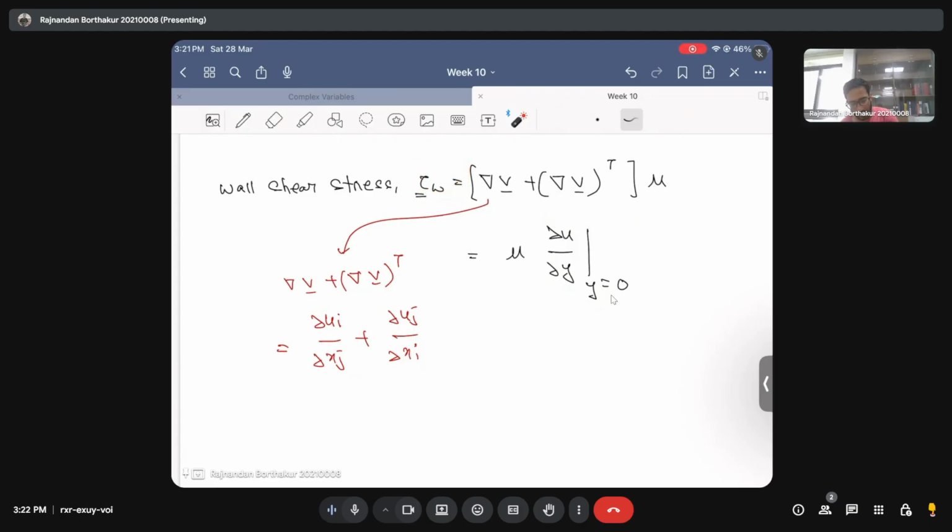This definition of tau equal to mu du by dy, which we commonly call Newton's viscosity formula, is not always true for generic profiles. For profiles which are 1D, you can simply use that stress is equal to mu times the gradient of velocity along the direction perpendicular to the flow. So I'll just hint that this is something that we get upon simplification.